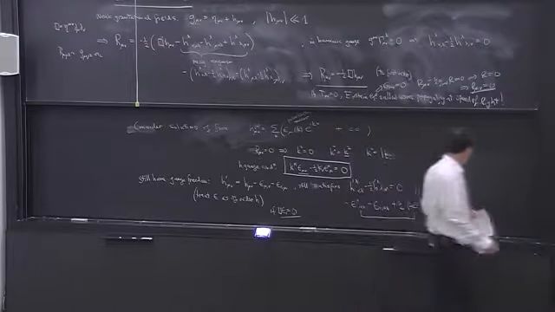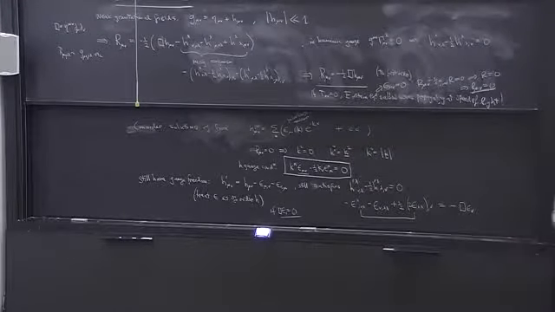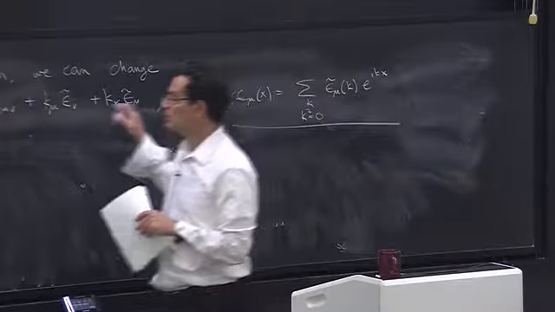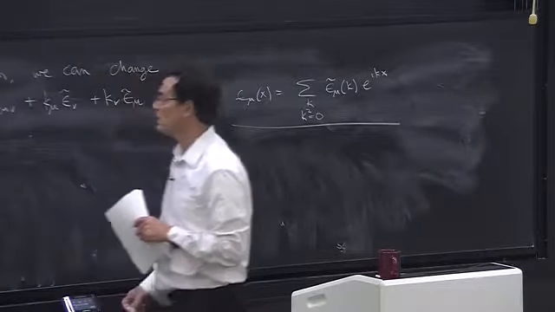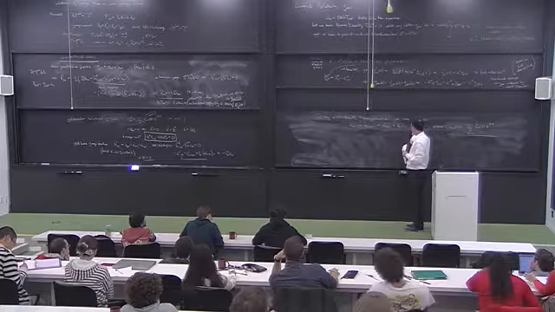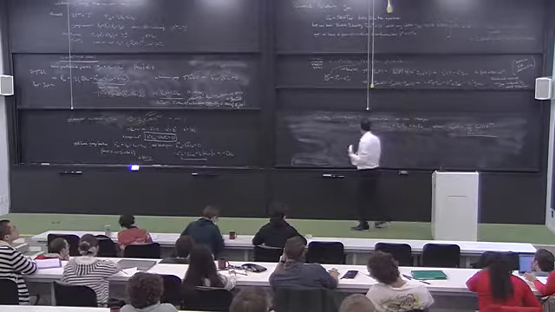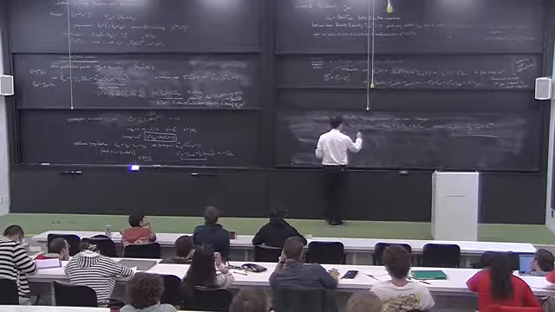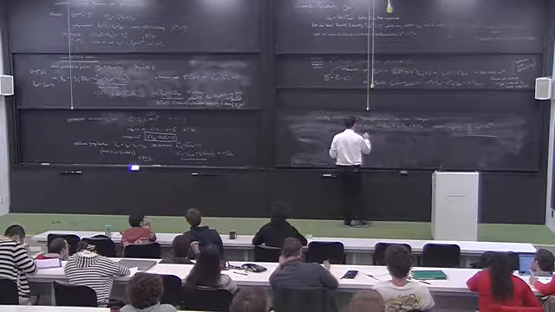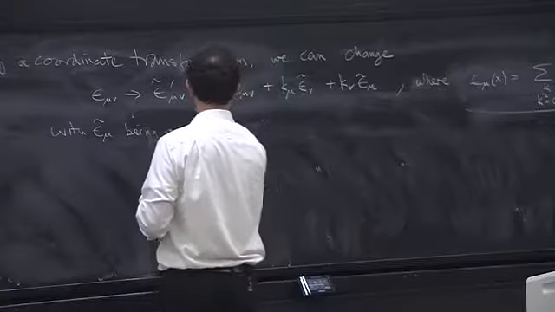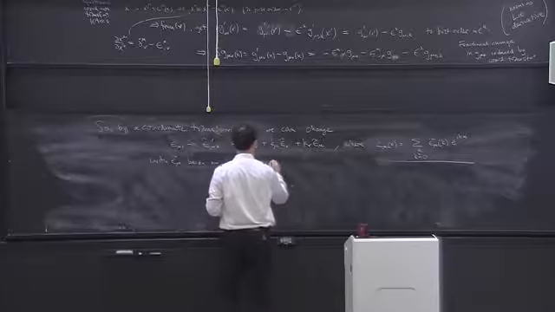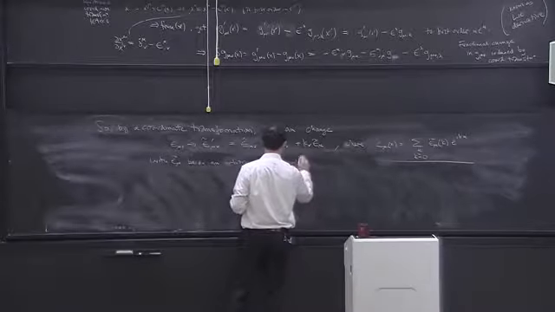As long as box epsilon nu is 0, epsilon can be written this way. And then the consequence of this coordinate transformation is to change my polarization tensor by terms involving k and epsilon, with epsilon tilde mu being an arbitrary function of k.